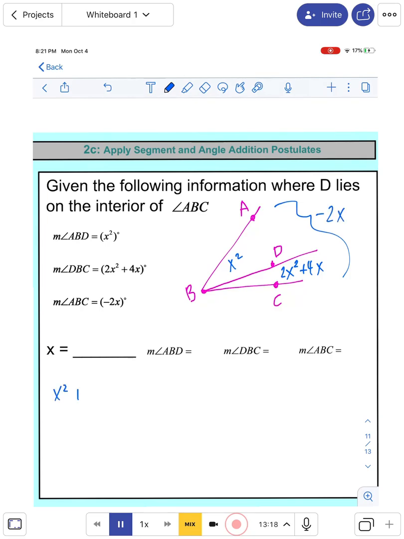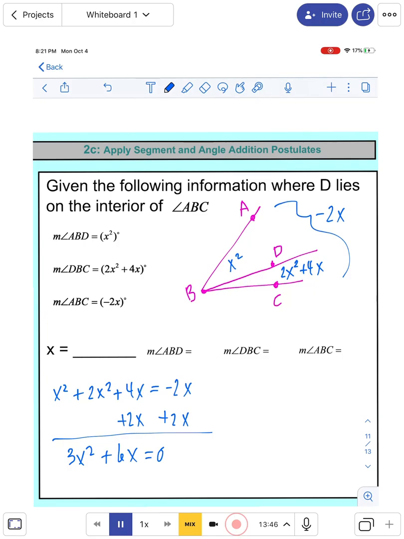So now I'm going to add my two parts, set them equal to the whole, so x squared plus 2x squared plus 4x equals negative 2x. We've got a quadratic, so I want to make sure everything's on one side of the equal sign. So I'm going to add 2x. I get 3x squared plus 6x equals 0. And I'm going to factor.